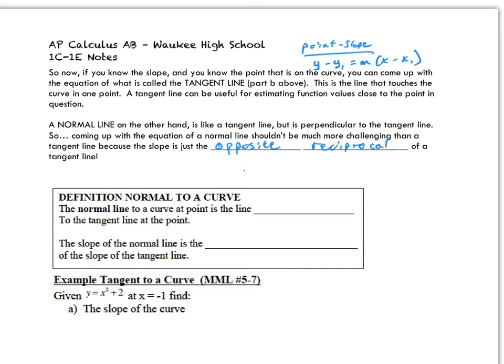Lines that are perpendicular have opposite reciprocals. So the normal line to the curve is the line perpendicular, and the slope of the normal line is the opposite reciprocal of the slope of the tangent line.